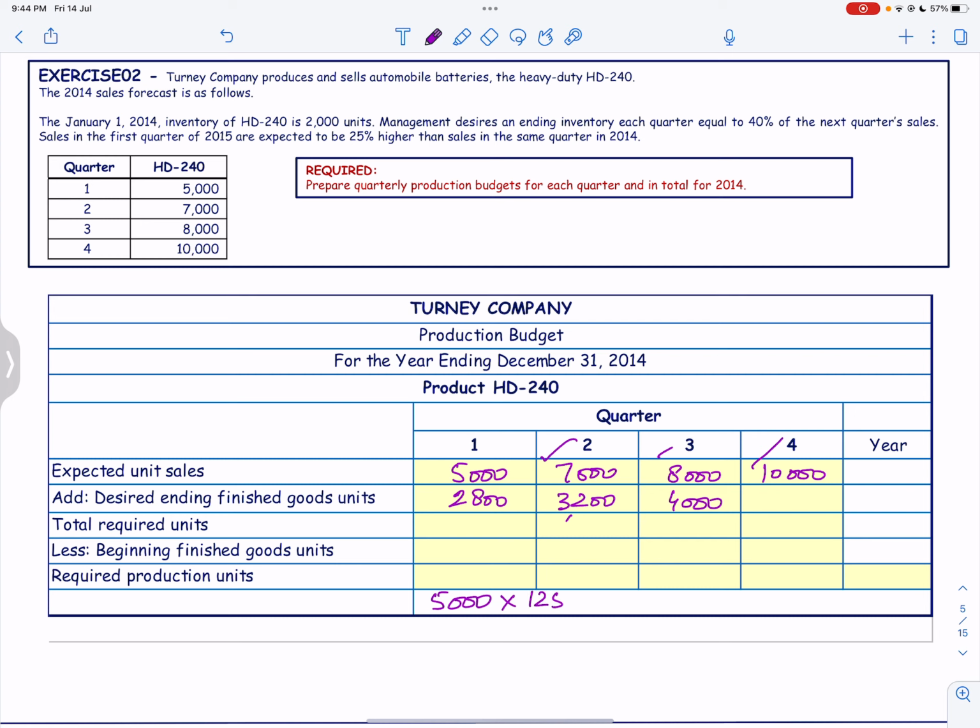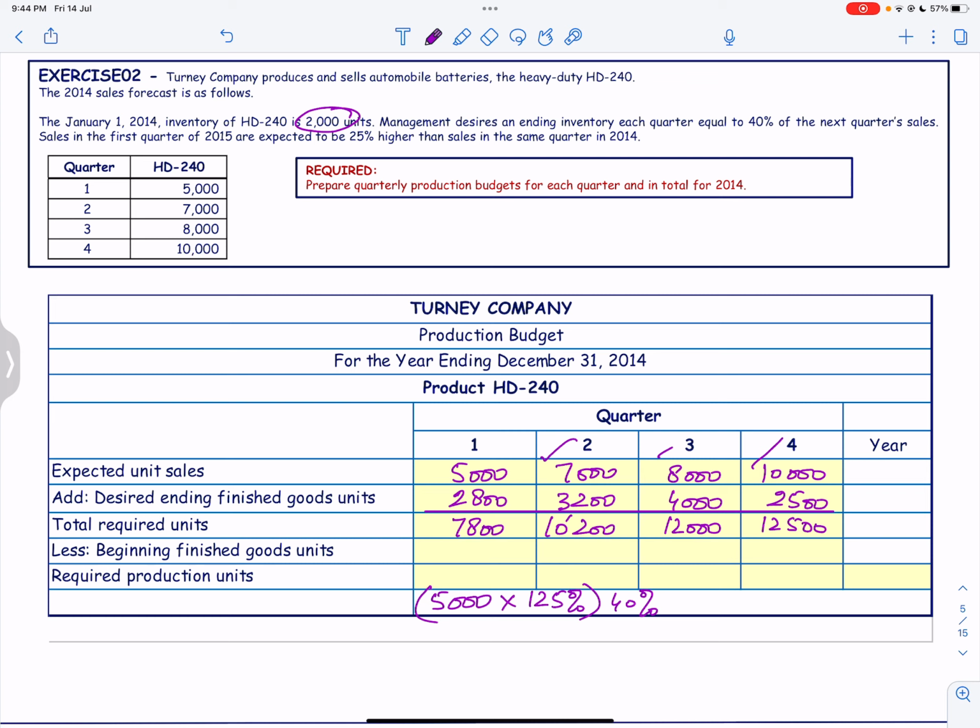That means times 125%, and we need 40% of this amount. So 40% of this will be equal to 2,500. So the total required units are going to be 7,800, 10,200, 12,000 and 12,500.